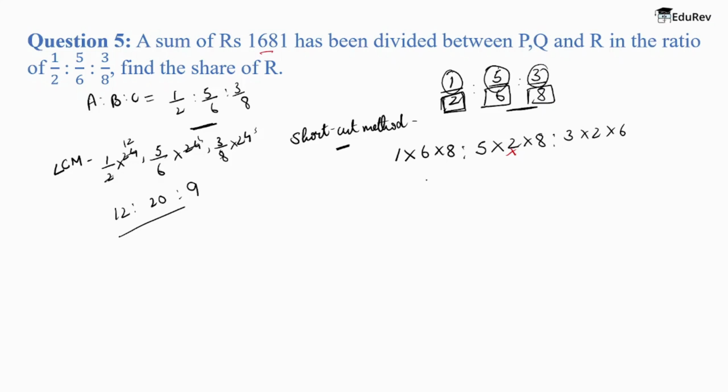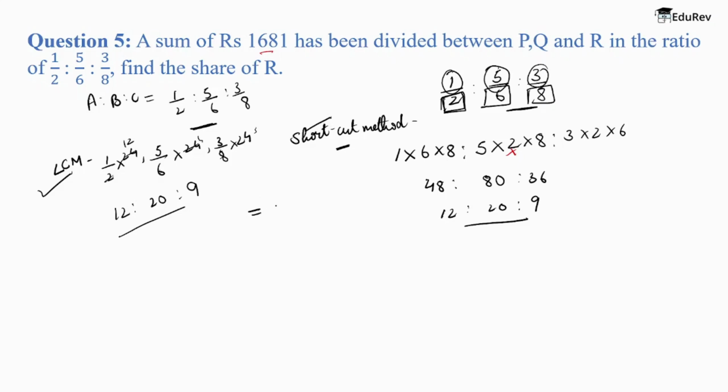This will be equal to 48 is to 80 is to 36, and you will simplify it and you will get 12 is to 20 is to 9. So you can use any method, either LCM or this shortcut method, to solve the fractions. Right, so we have got the ratio, and it is equal to 12, 20 and 9.